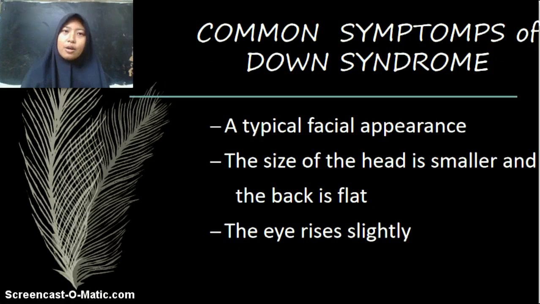And then they have white spots appearing on the black part of the eye, called Brushfield spots. And then they have a short neck with the skin behind the neck looking rather loose.